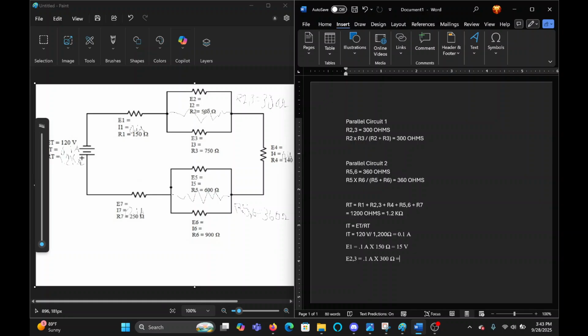Since it's in series right here, we're going to calculate the total voltage across it. So 0.1 times 300 is going to equal 30 volts. So you know that E2 and E3 both are 30 volts.